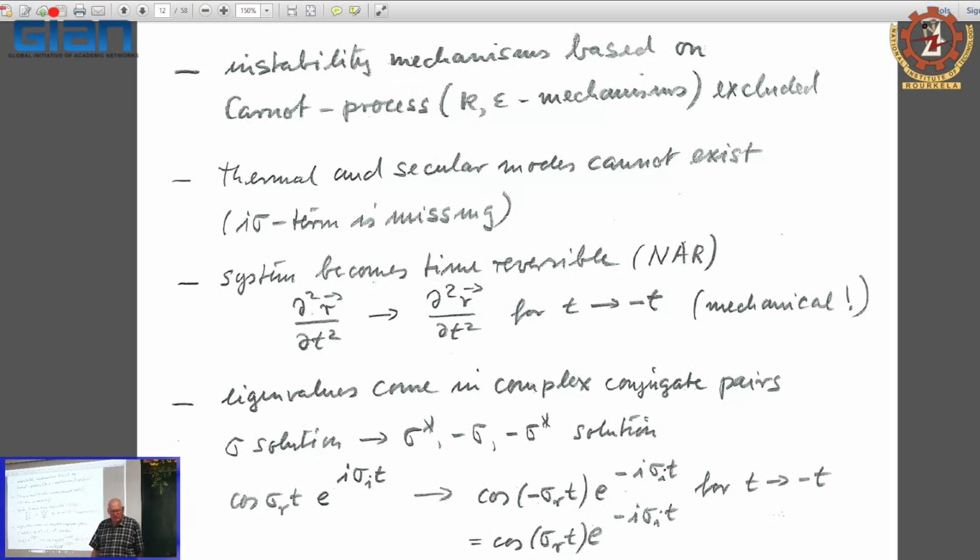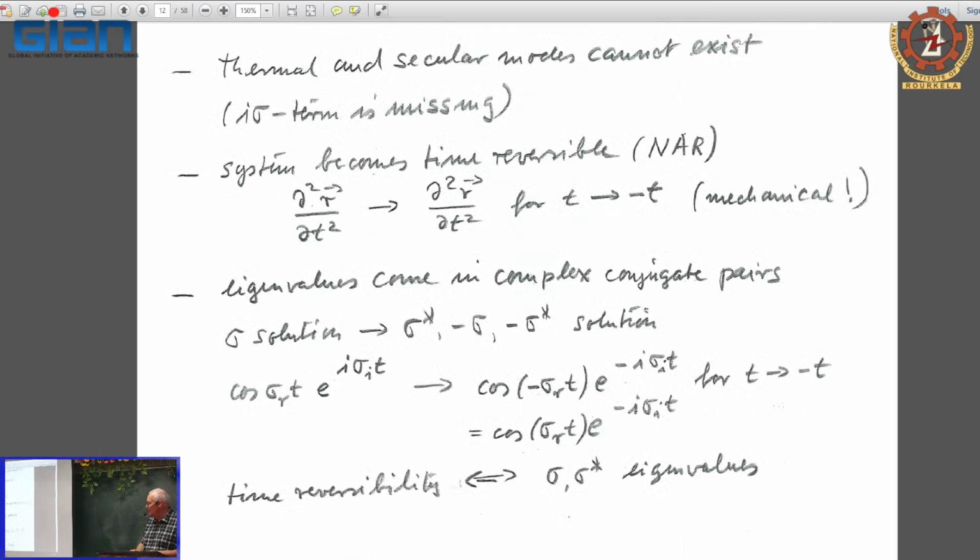Well, to rephrase the time reversibility, the invariance with a reversal of time, consider the time dependence of a solution, given as cosine sigma_r t times e to i sigma_i t, and reverse the time. Then the argument of the cosine goes to cosine minus sigma_r t, and the exponential goes to e to minus i sigma_i t.